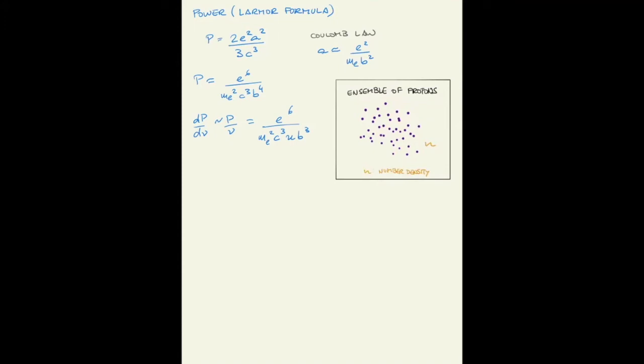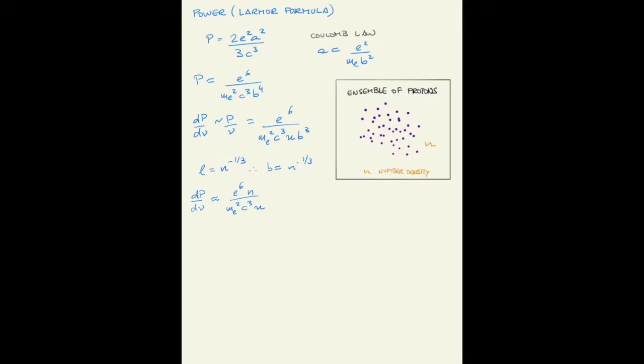Given that the number density of protons is n, we can construct a typical length from this, which is the typical separation between the protons, which is equal to 1 over the cube root of the number density. And that gives the impact parameter. That's the typical distance between two protons. If you substitute this impact parameter into the spectral power, okay, so now this is the power for one single electron in an ensemble of protons.